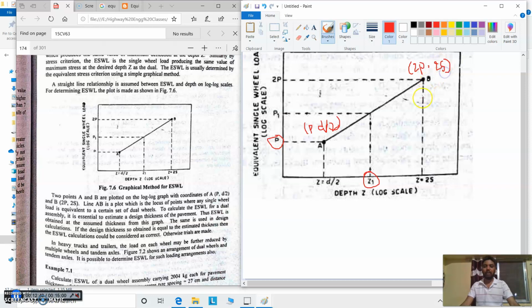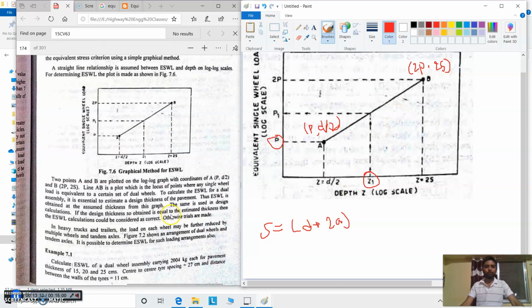It is standard, we need to remember this. P is the total load, and s we have already determined: s equals d plus 2a.